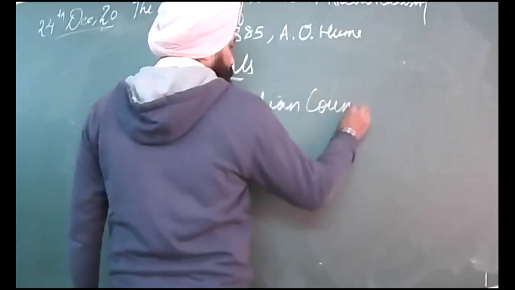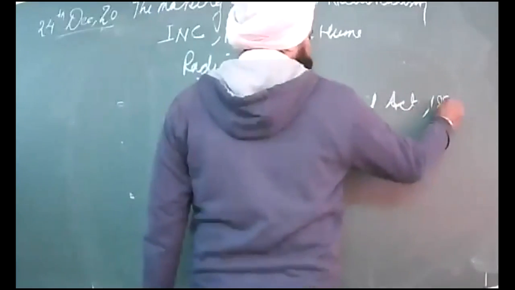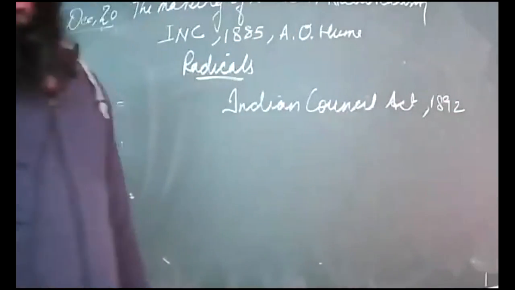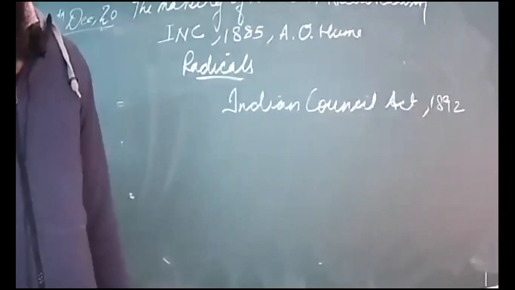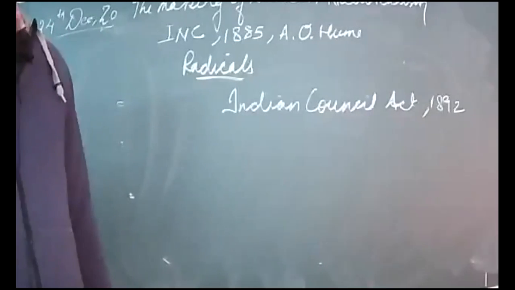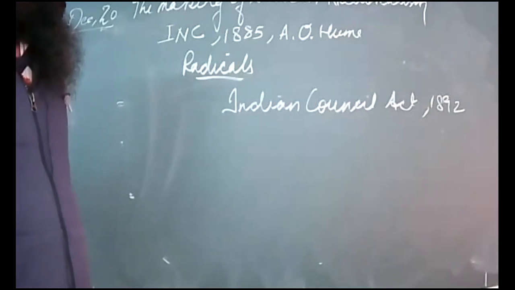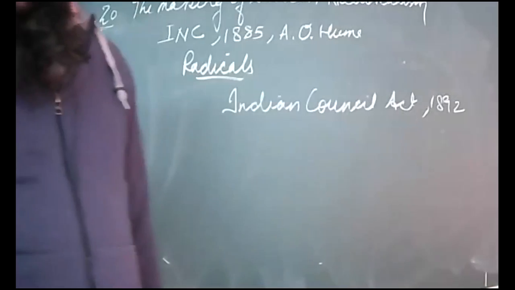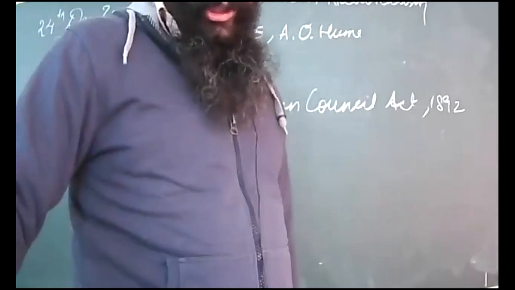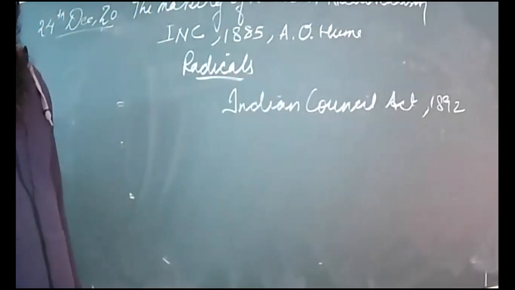The Indian Council Act of 1892 failed to include Indians in the administration of our country.